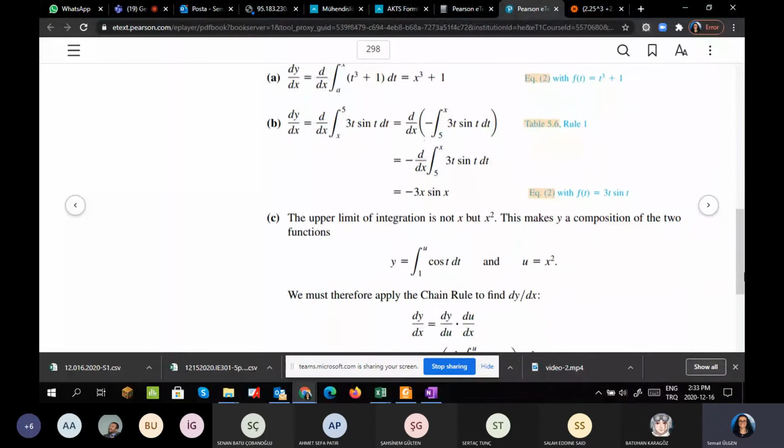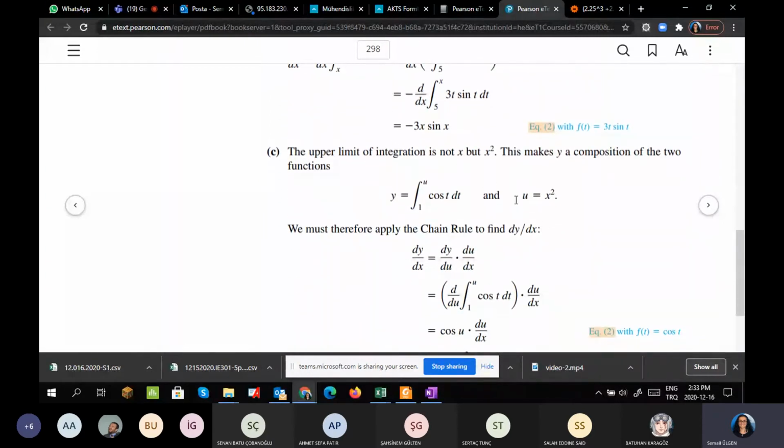Let's get the solution here. We let u be x squared, and I'm going to write the function as y is equal to the integral from 1 to u of cosine t dt. And remember, y is a function of x. I want to take the derivative of y with respect to x.